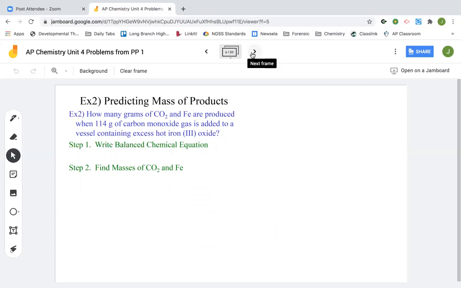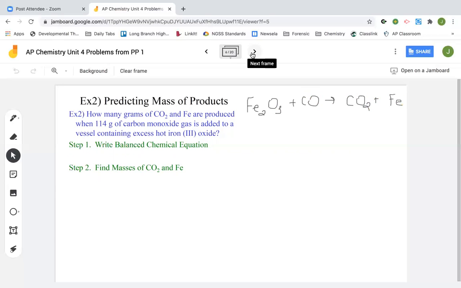So when we look at the problem, we know that our reactants are going to be carbon monoxide and iron 3 oxide. So when we write that out, our equation is going to be iron 3 oxide plus carbon monoxide, which is going to give us carbon dioxide plus iron.